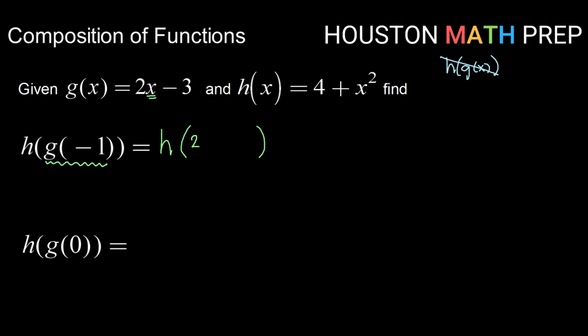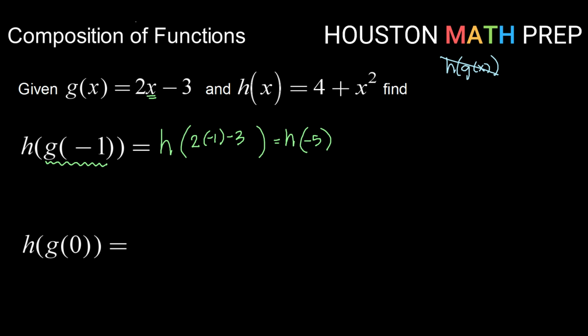So that would be 2 times -1 minus 3. So this would be h of 2 times -1 is -2, minus 3 makes -5. So now I've found that g of -1 is -5.